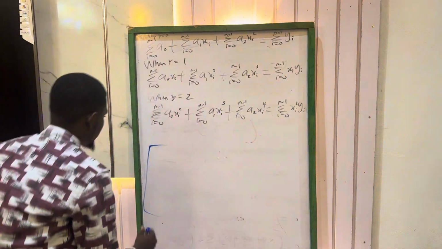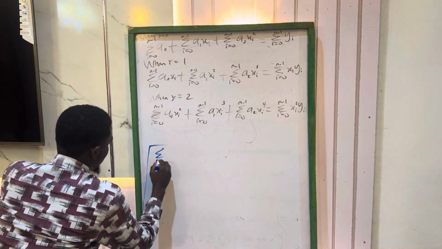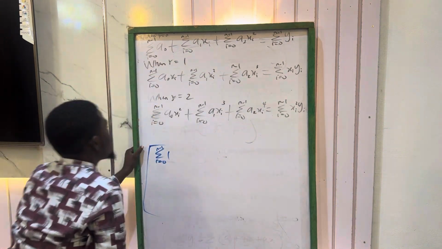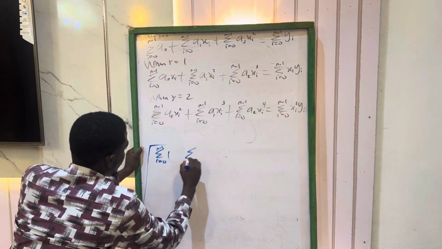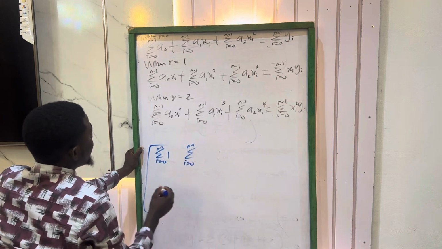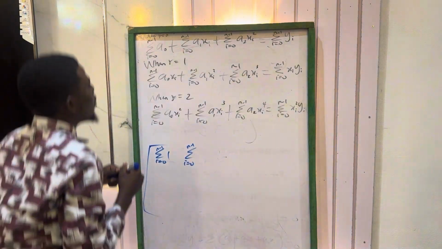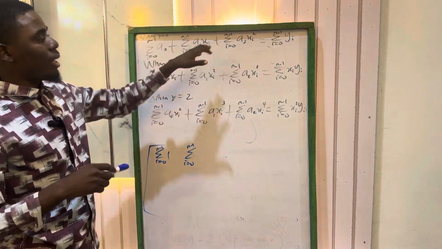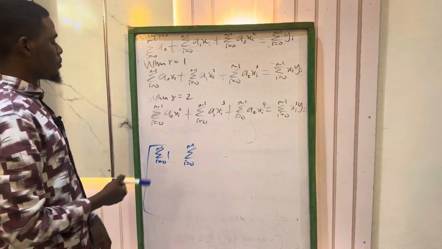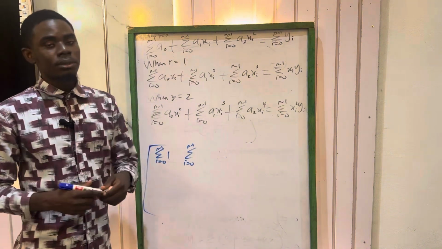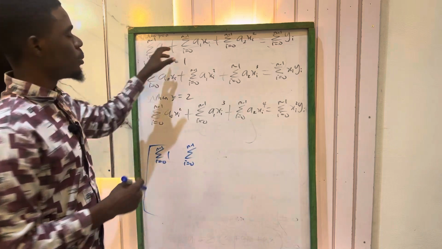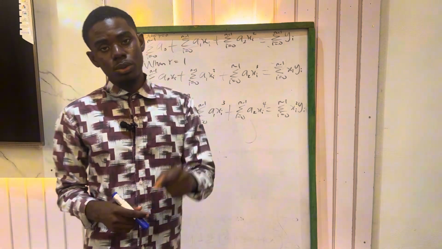So we're going to be having the summation of i equals 0 to m minus 1 multiplied by 1. That is for this first term. Then the next term, we're going to be having the summation of i equals 0 to m minus 1 multiplied by what? Remember that what we are trying to get now are these coefficients a naught, a1, and a2, not xi, right? So when you are writing this in the form of a matrix, the value that we're trying to get is going to be these coefficients a naught, a1, and a2, not x.